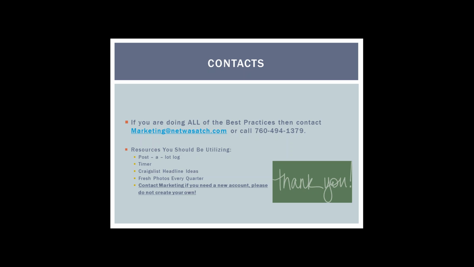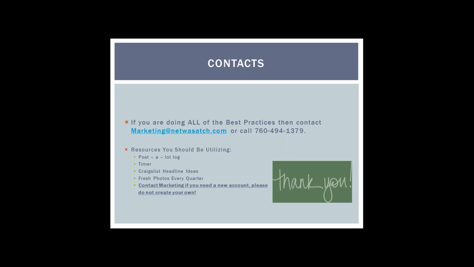Some resources that you should be utilizing. We have a post-a-lot log, and basically you write out every single ad that you created. You write out the headline, you write out the number associated with it, and this is great if your property struggles with posting consistently.